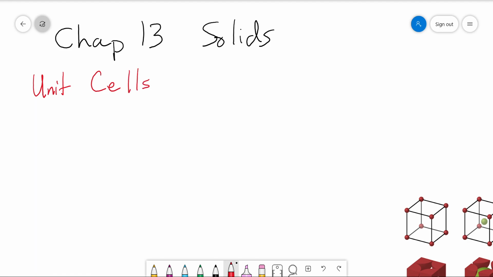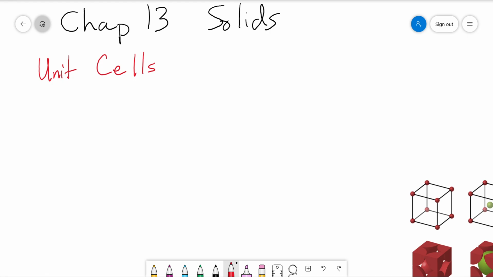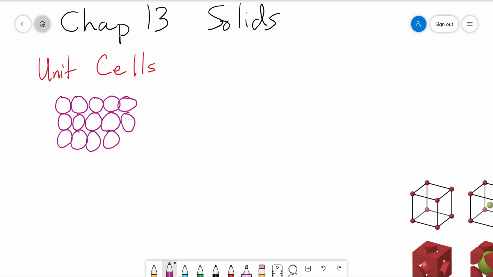And I'm just going to kind of give you a picture of what a unit cell would look like. First, we're just going to talk about two-dimensional. Okay, let's just do two-dimensional, like pennies. If we take a bunch of pennies and put them next to each other, and just pretend everything is even and they're all the same size, and that I'm not a terrible artist.